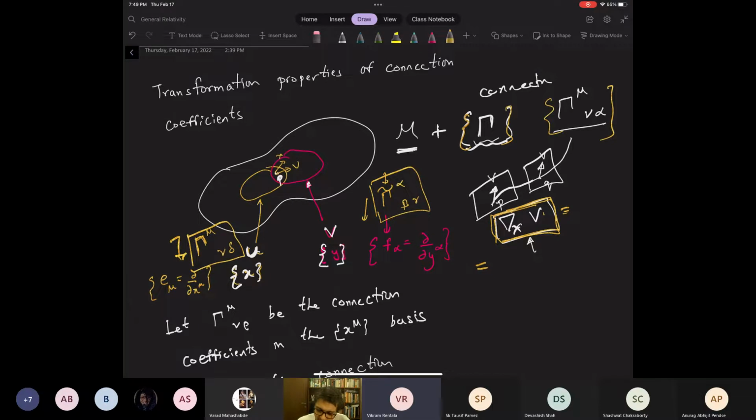Even though in one basis I'm getting an answer which looks like this for the components, in another basis I would get derivatives. So these are derivatives with respect to x, and now I could have derivatives with respect to y.